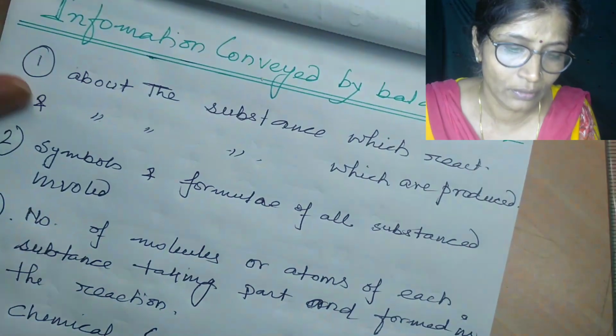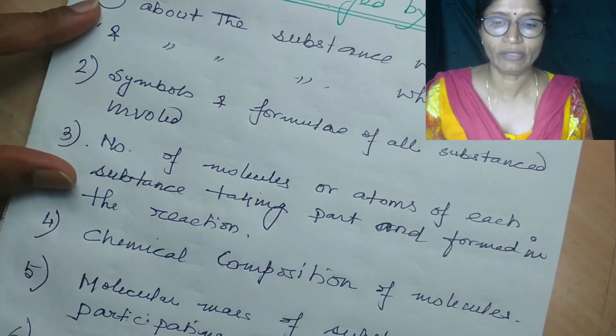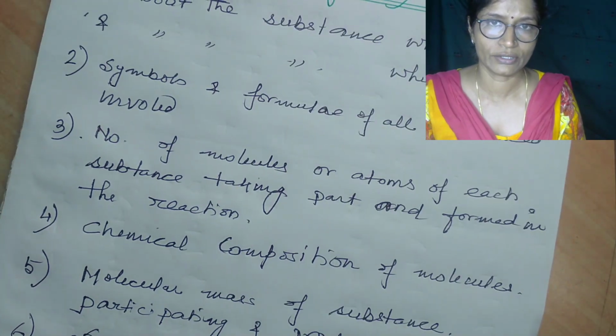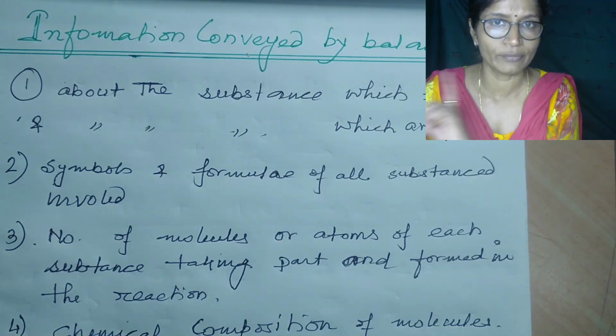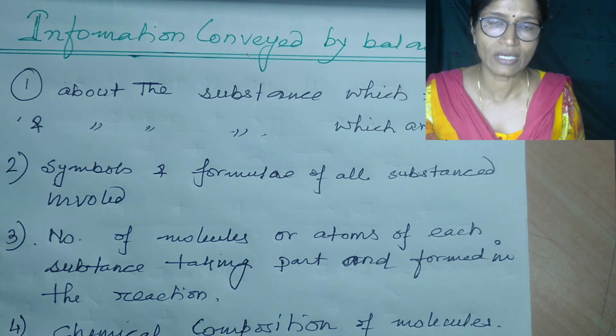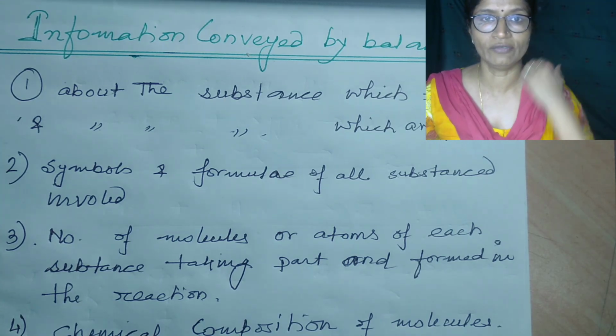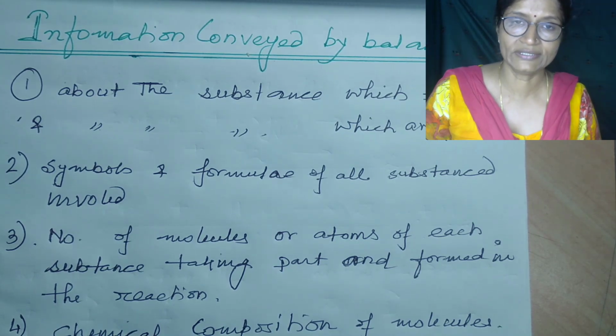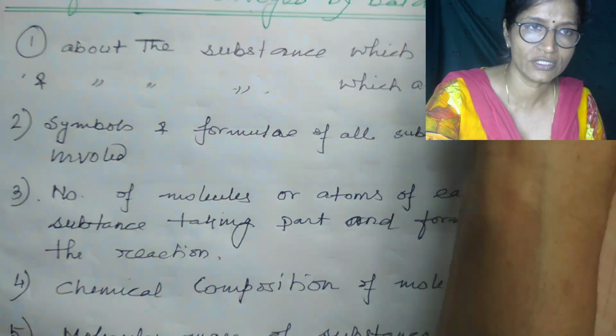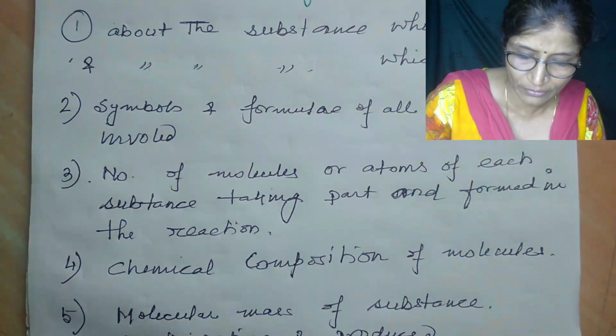Next I'll discuss the information conveyed by a balanced chemical equation. Information means what are the information? Suppose any balanced chemical equation is given to you, and what information are we getting from it. For example, I'm writing one balanced equation here.